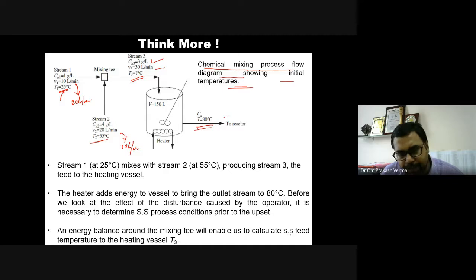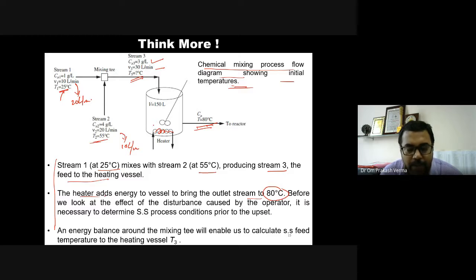The desired temperature of the product is 80 degrees Celsius. Okay, so it is the statement I have told you. Stream 1 at 25 degrees mixes with stream 2 at 45 degrees Celsius, producing stream 3, the feed to the heating vessel. Now the second statement is the heater adds some energy, the regulator adds some energy to the vessel to bring the outlet stream to 80 degrees Celsius.